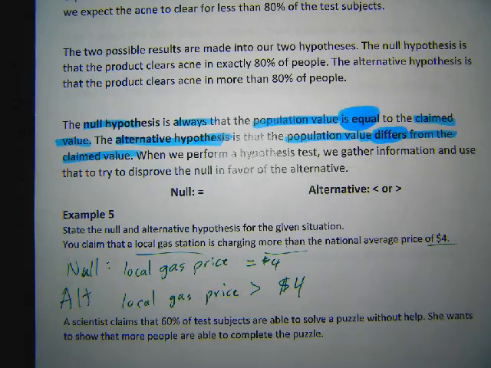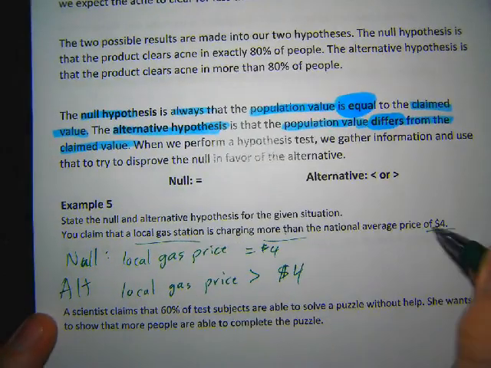Some people include the less than with the equals, because that'd be the other option other than the greater than. For your book and for this test, we'll always keep those separate, and we'll just do the equals and the other option, which in this case is greater than. If I had said less than $4, then it would have been less than, but I said more than $4, so look at the more than.